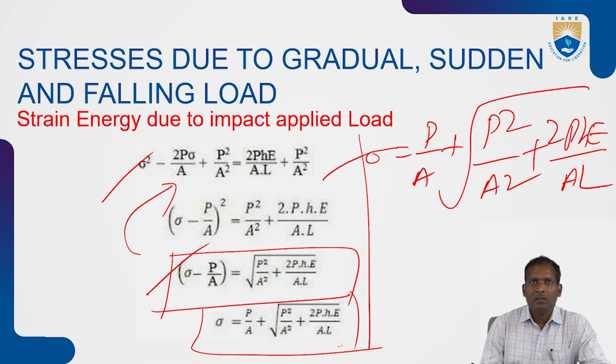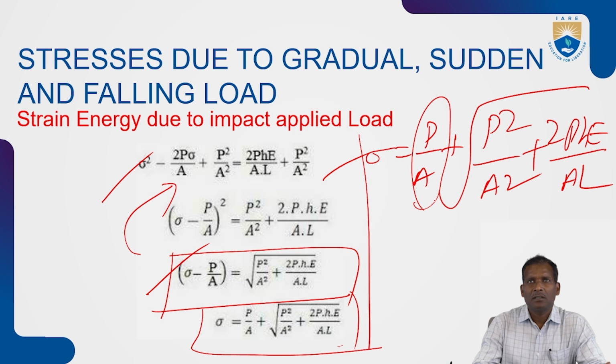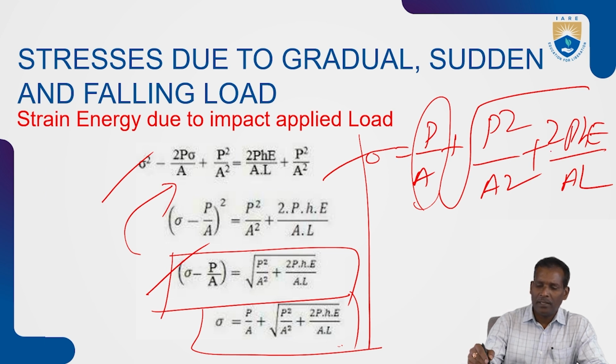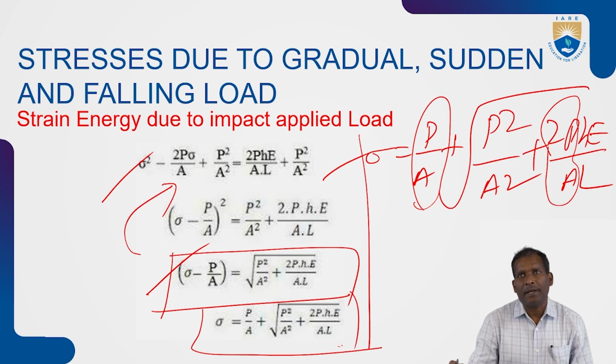So here P by A is the stress induced when the body is subjected to gradual applied load, you know. In sudden applied load, 2P by A is the sudden applied load stress. And then here the extra term added is H. So that is height of the body.